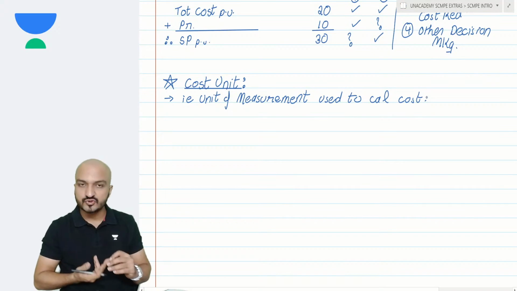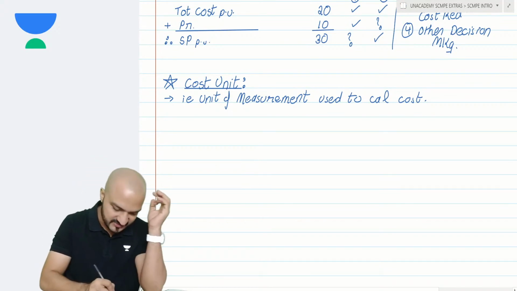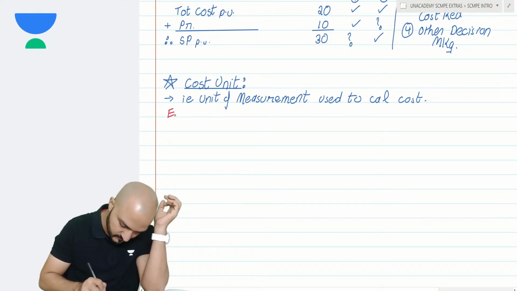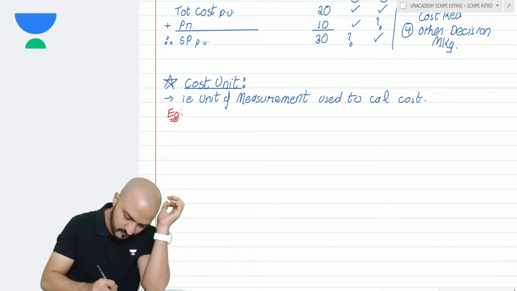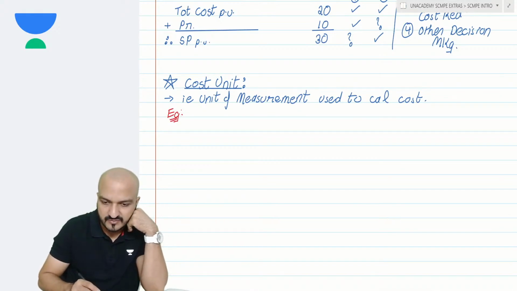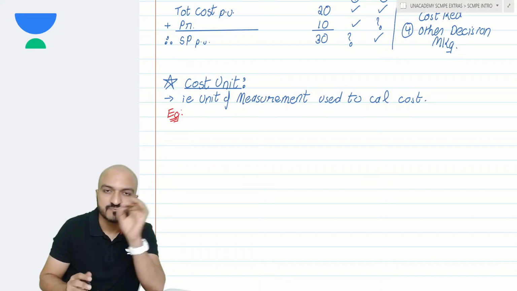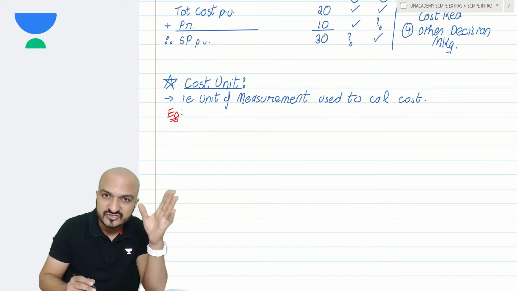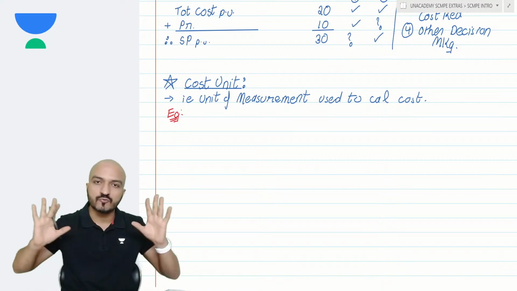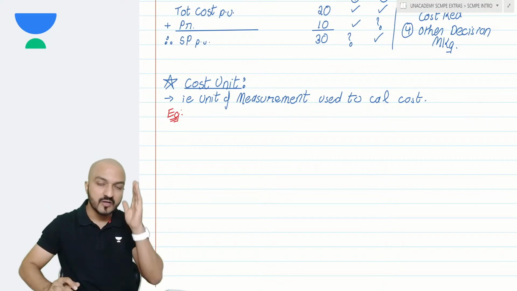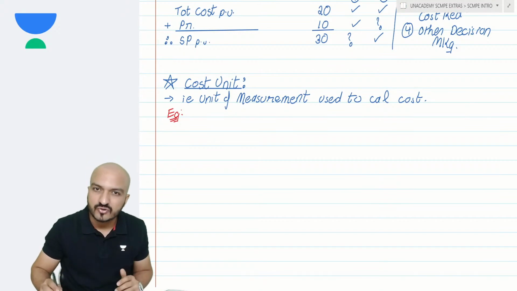The unit of measurement which you use for doing cost calculations. For example, yes, Maruti, it's not necessarily the smallest unit of measurement. No, it is not the smallest unit of measurement. It is a unit of measurement, any unit of measurement which is used for cost calculation.